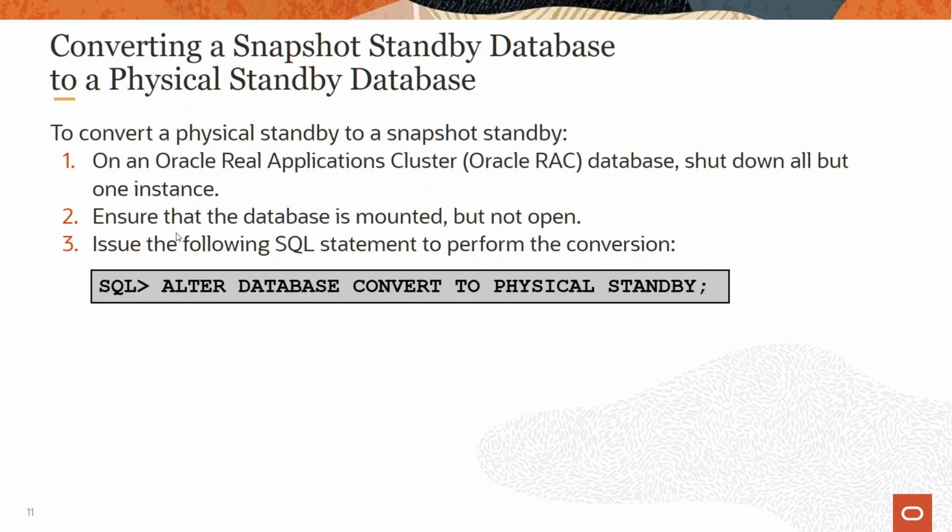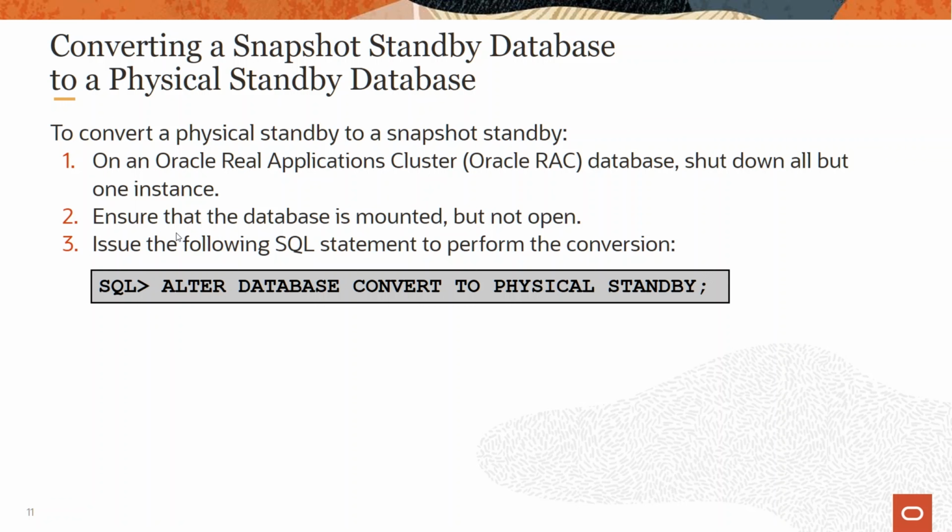What is a Snapshot Standby Database? A Snapshot Standby Database is a fully updatable standby database. And you can convert a physical standby database to make it a snapshot standby database.